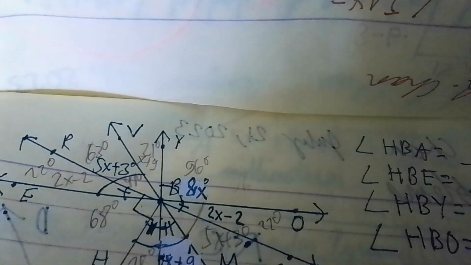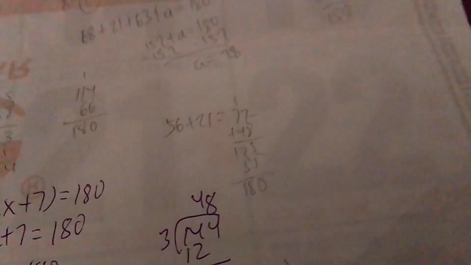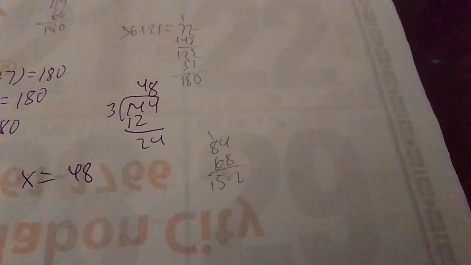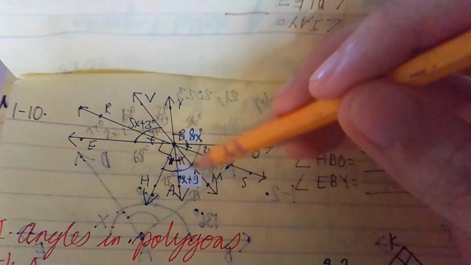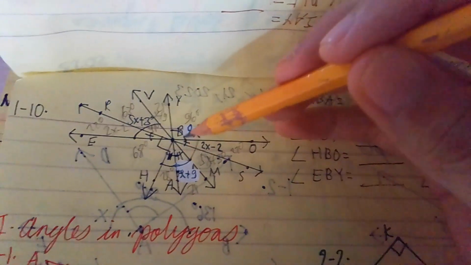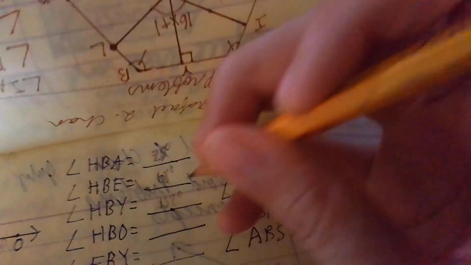And 84 plus 68 is... Very good. 152. And it just so happens that 152 plus 28, remember it forms a straight angle here, right? So you can just deduct this 28 degrees. That's also another way. So therefore, you should get 152 degrees for that matter.